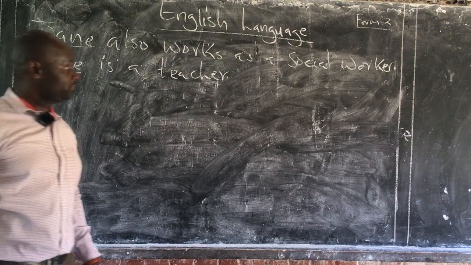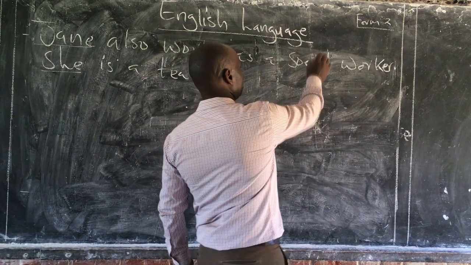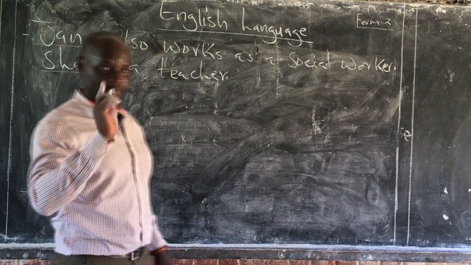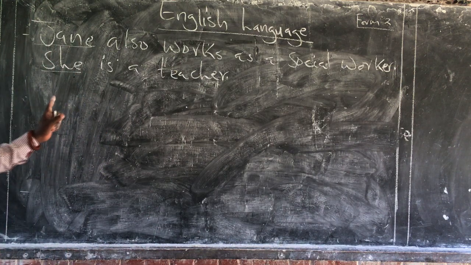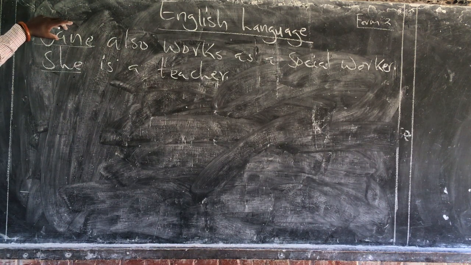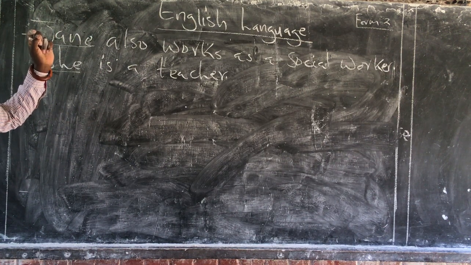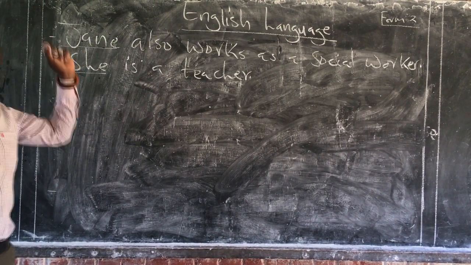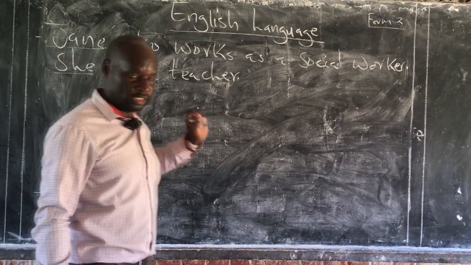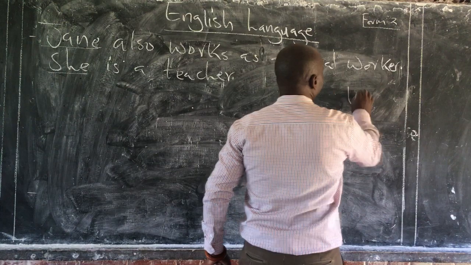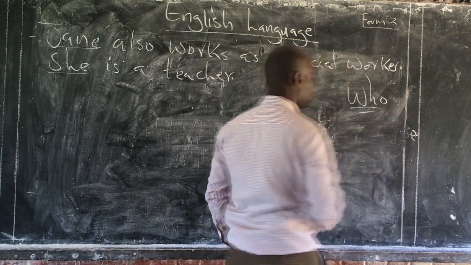Then from there, you have to recall very well which relative pronoun can suit this sentence. Jane is a human being, right? And in this sentence, Jane is a subject. Therefore, the pronoun for a subject is "who", if you remember from our examples.